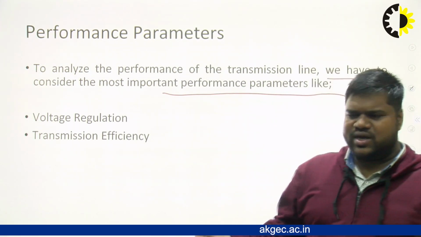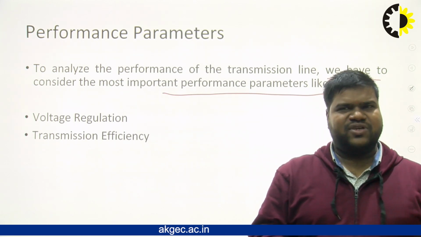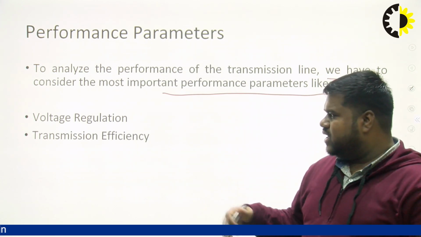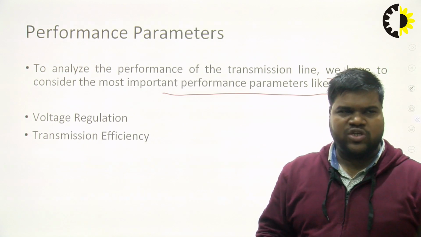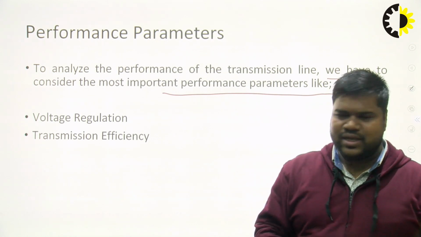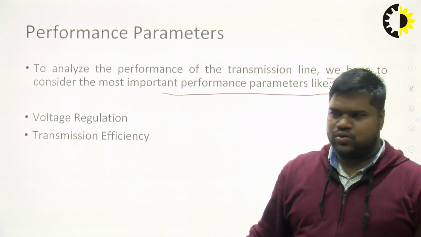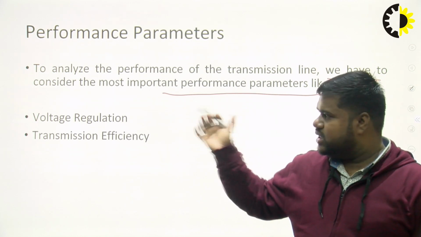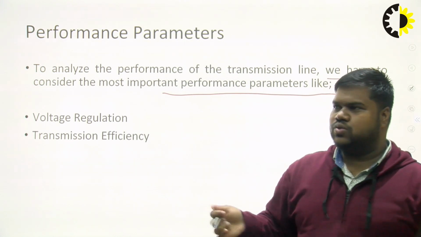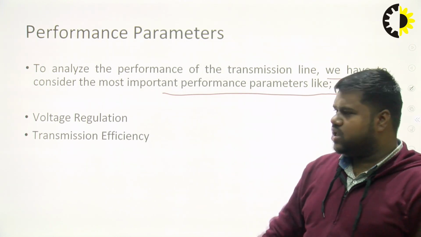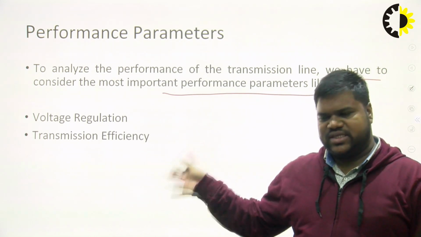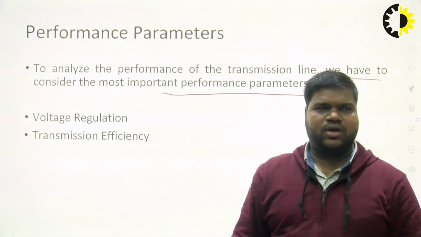We already know, when we were in the first year and the second year, we had a detailed discussion about the voltage regulation and the transmission efficiency in electrical machines, basic electrical engineering, and the other subjects as well. So these two terms are important performance parameters to see in the transmission lines. With the help of these parameters, we may see the derivation of the short, medium, and long transmission line.